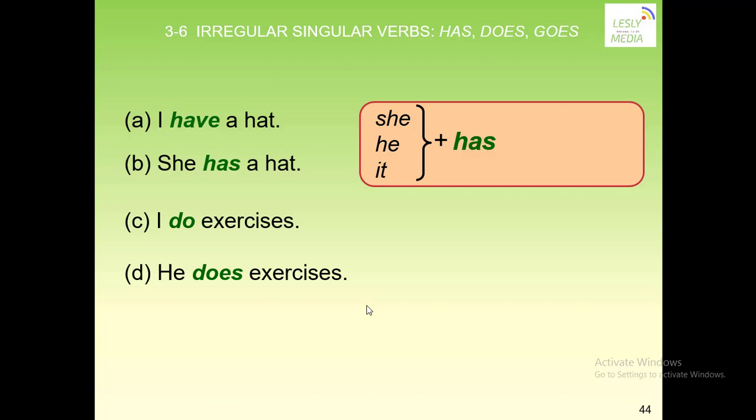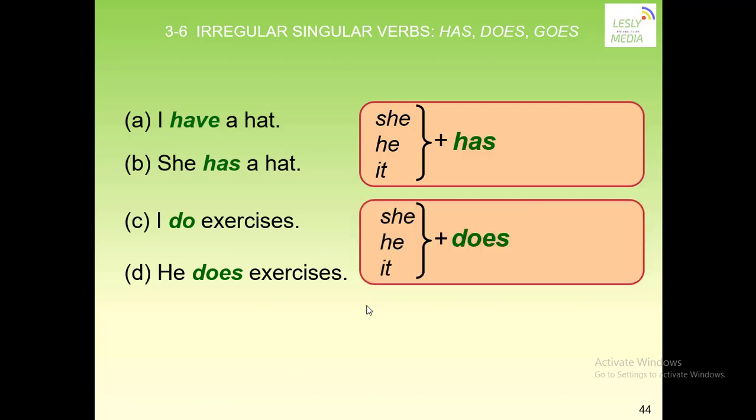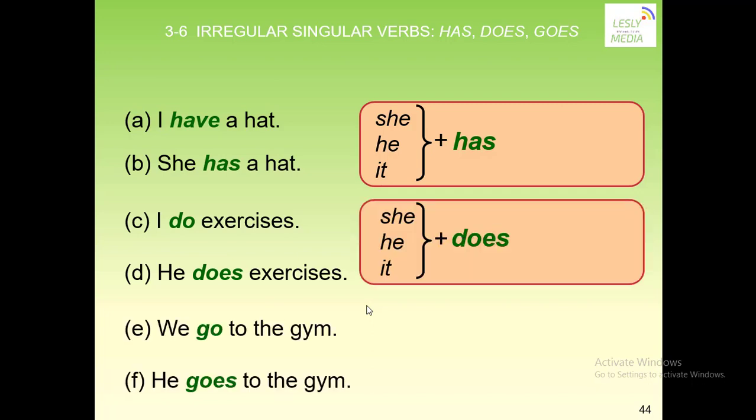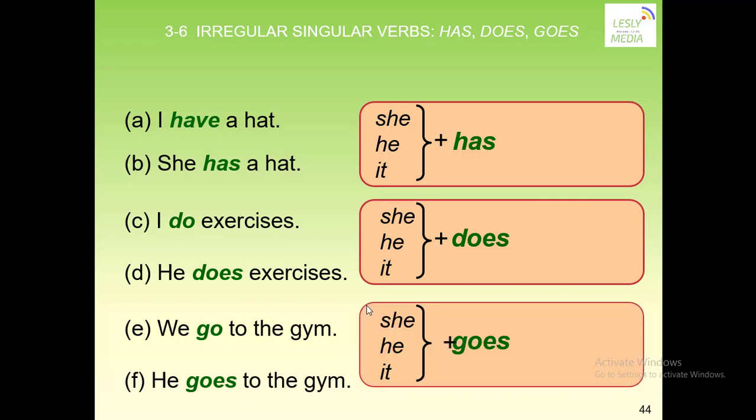Next, I do exercises. He does exercises. If the subject is he, she, it, you will use does. Okay, next, we go to the gym. He goes to the gym. If the subject is he, she, it, you will use goes. Okay? And then this is for the irregular forms. If the verb is have, it will become has.